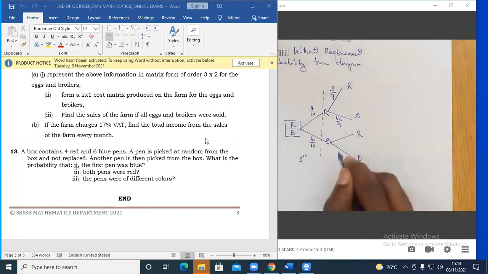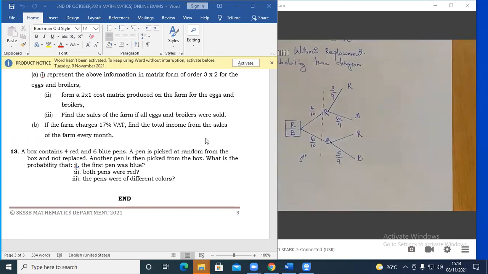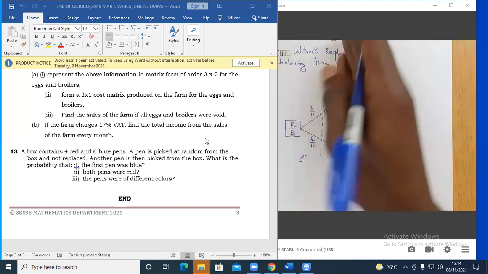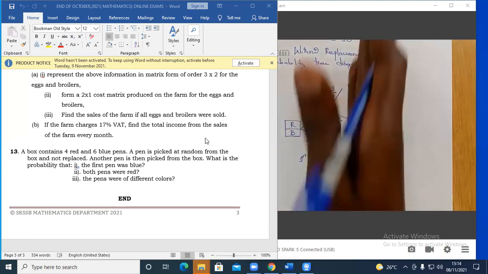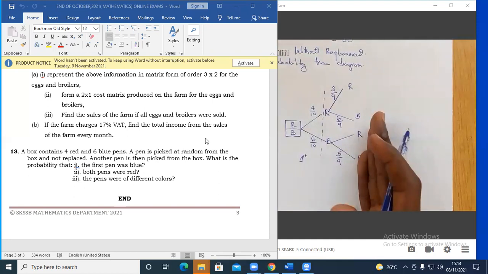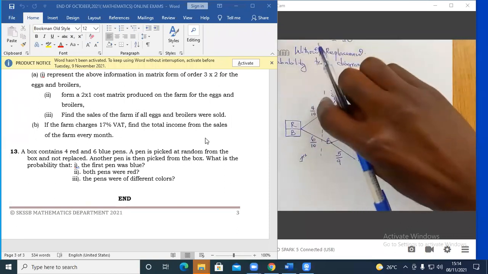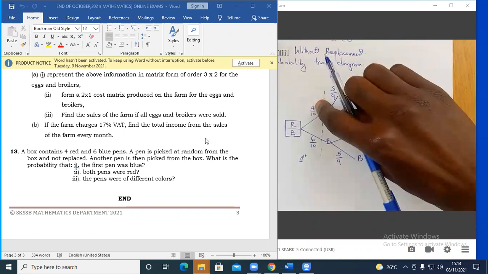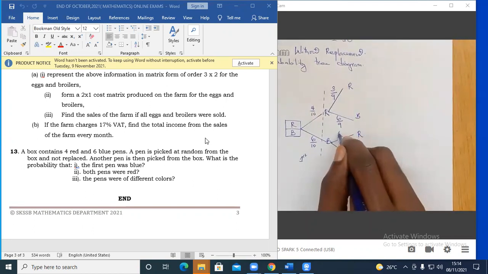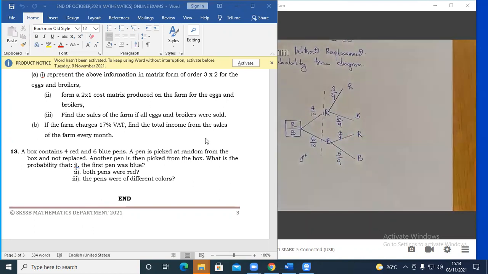It will be 5 out of 9, because you are still in the second picking. I did not pick red, which means red will still remain 4 out of 9.